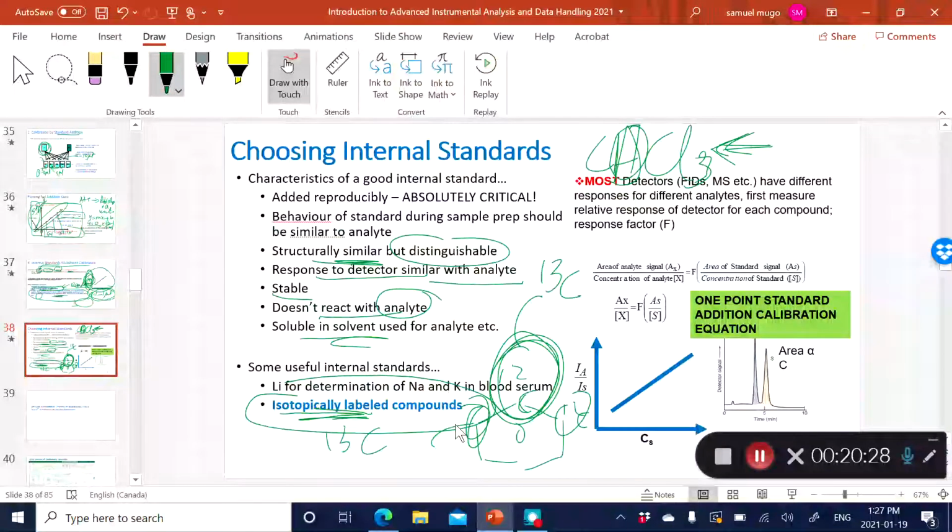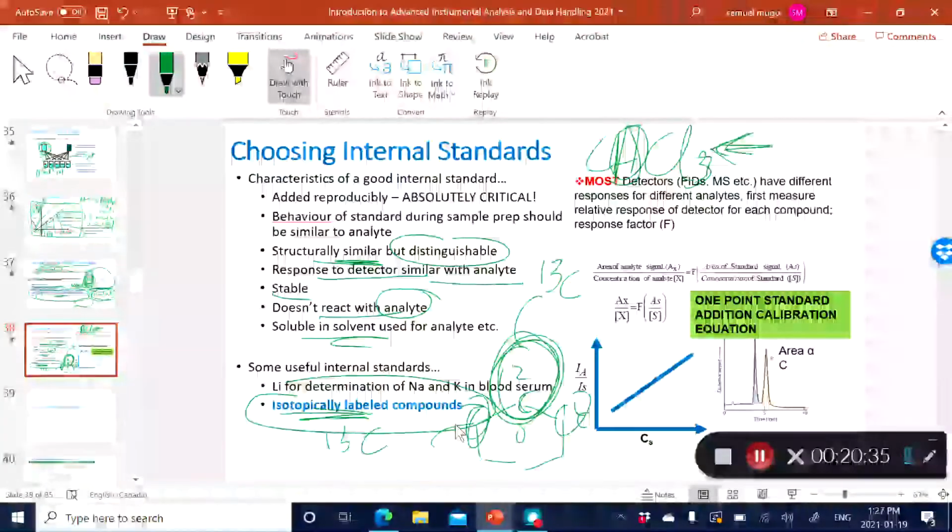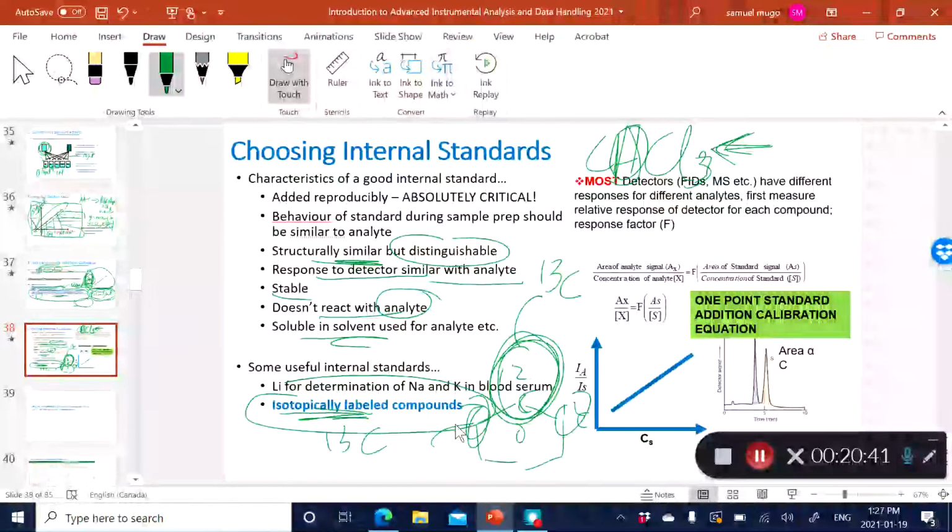And so you have to look at another alternative in the event you don't have an isotopic label of your standard, which is the ideal internal standard. Okay? The next best option for an internal standard would be things like an isomer.